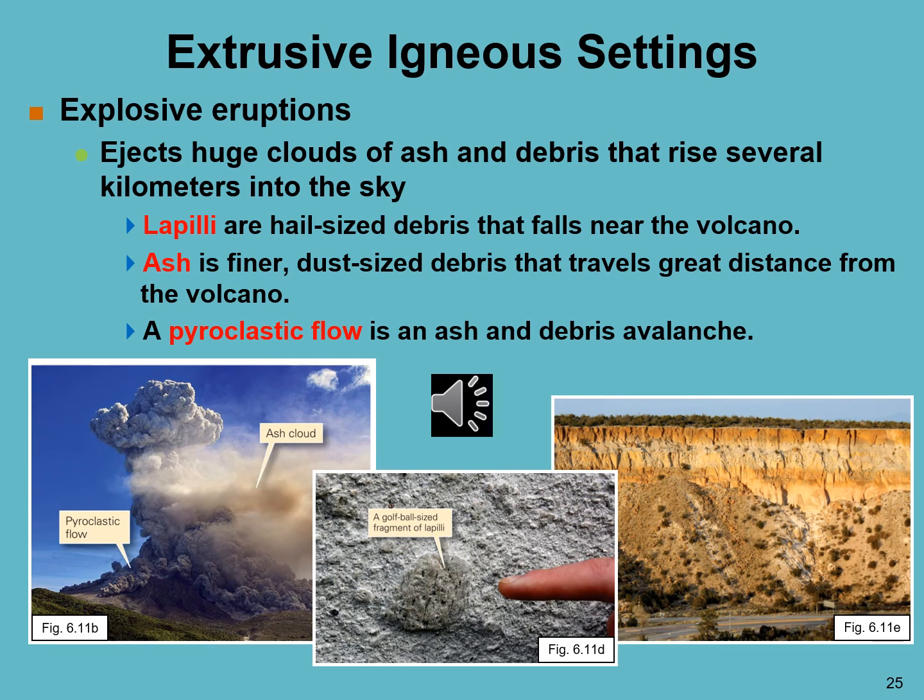The expanding gases may break the particles into finer dust-sized material known as ash, image on the right, which may be carried by the wind for great distances before it drifts down from the sky like snow and accumulates in layers.